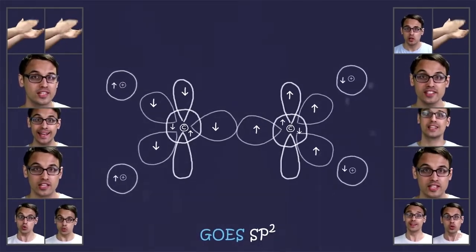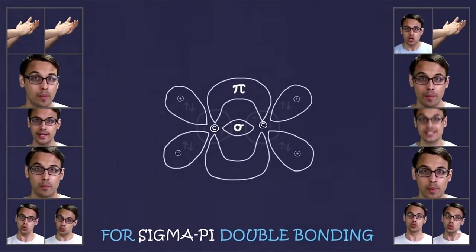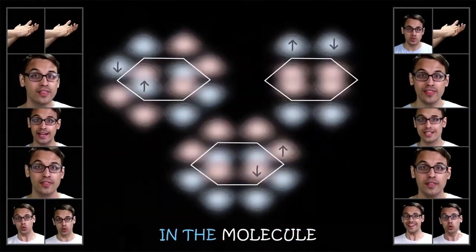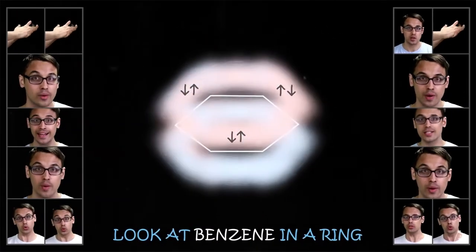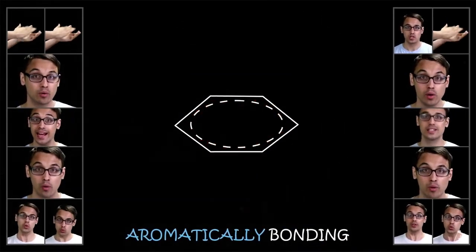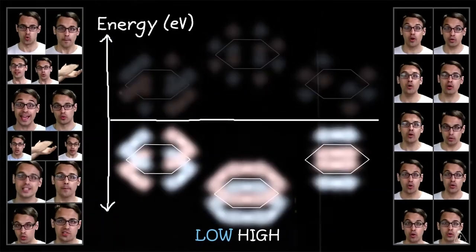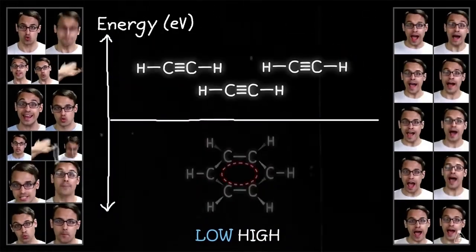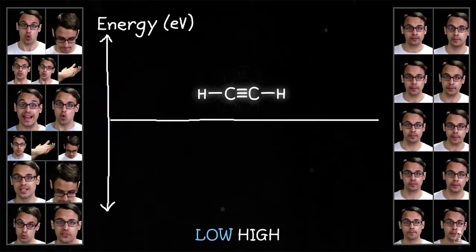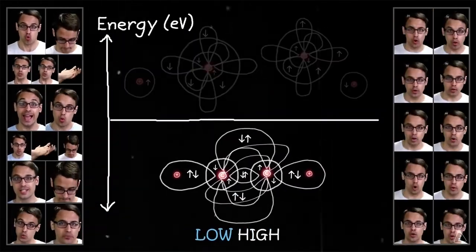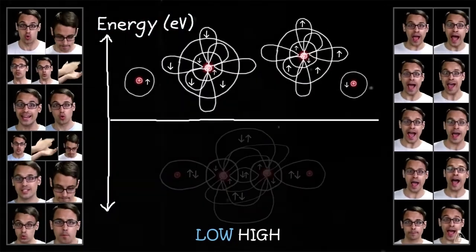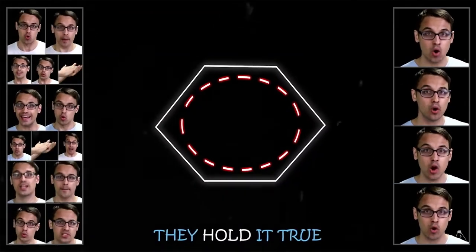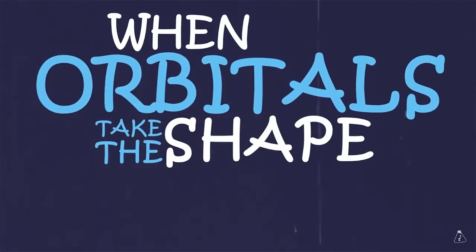Like when a shell goes sp2, we see the part of the bonding. And as widely as their purview, they spread out in the molecule. Looking at the ring, they hold it true. Aromatic bonding. Aromatic bonding. Aromatic bonding. Aromatic bonding. They hold it true. When else take the shape they do.